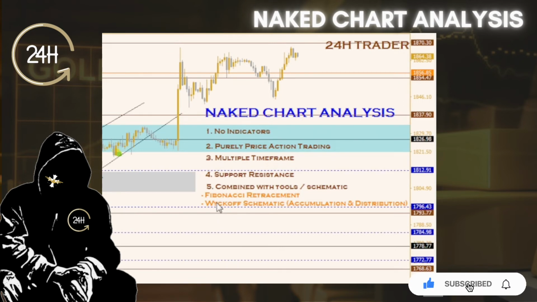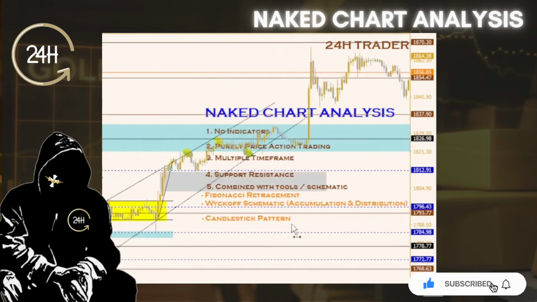The third thing is candlestick chart patterns. I always combine with candlestick patterns, for example, a bullish rectangle.